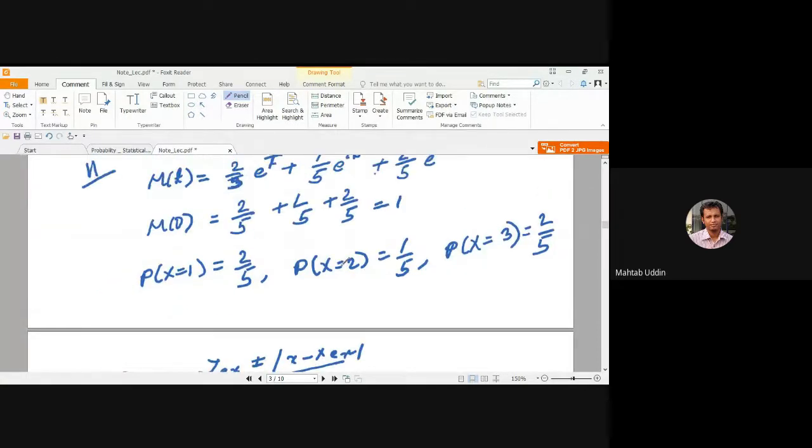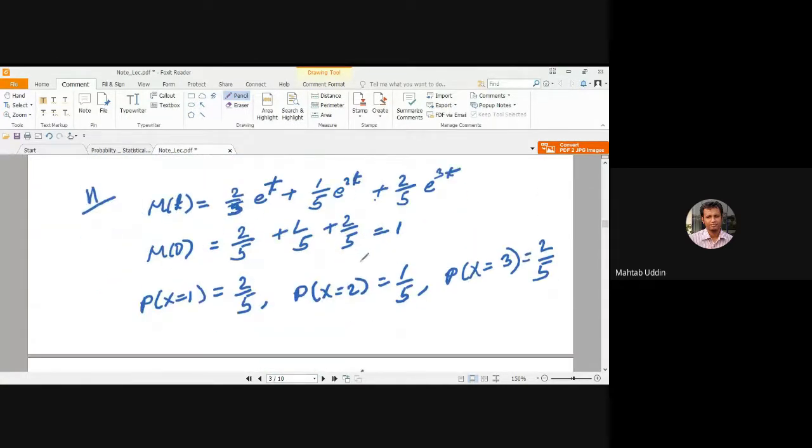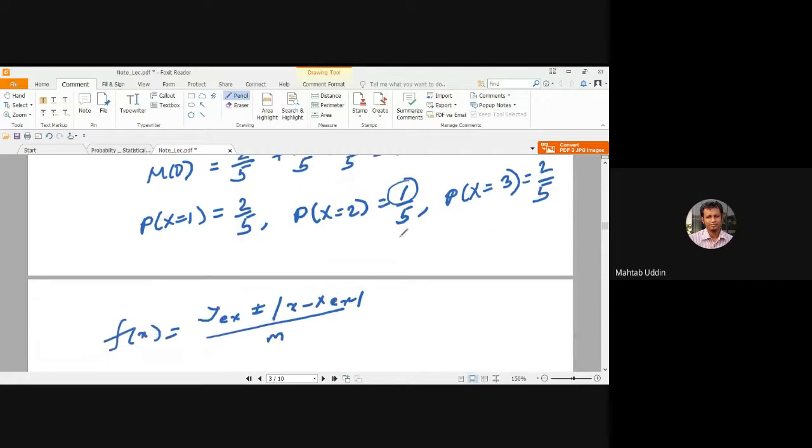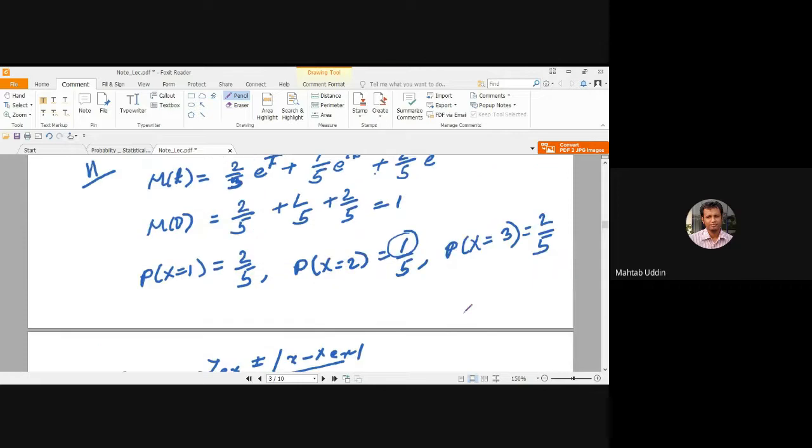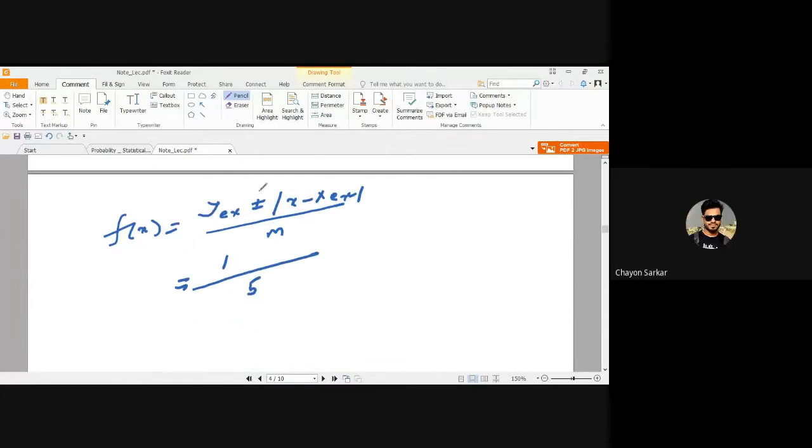What is the minimum value? 1 by 5, so you have to consider 1 by 5 with m equal to 5. Plus or minus: you can see from 1 both sides are increasing, 2 and 2, so it will be plus.